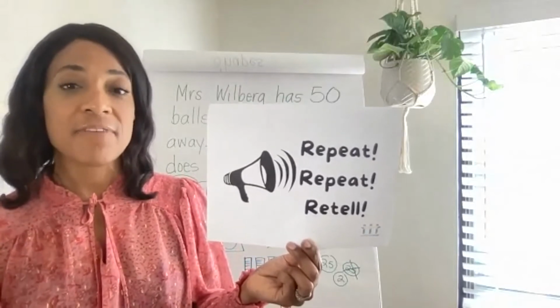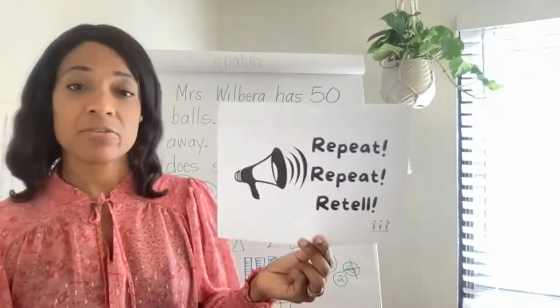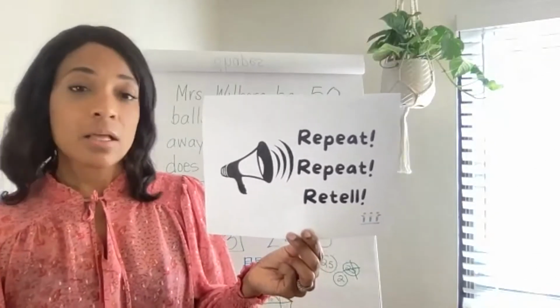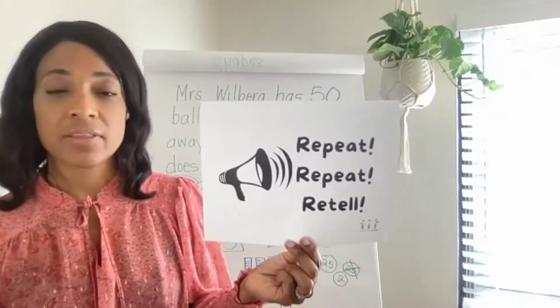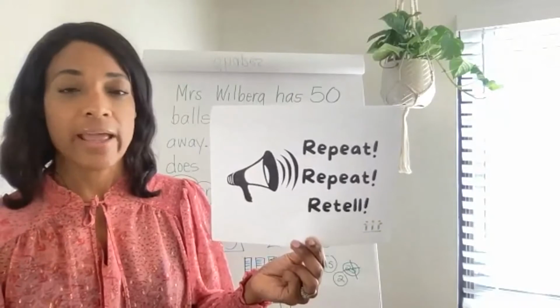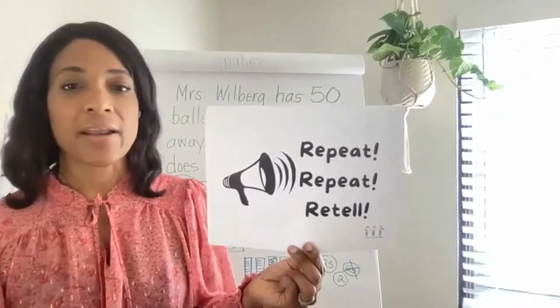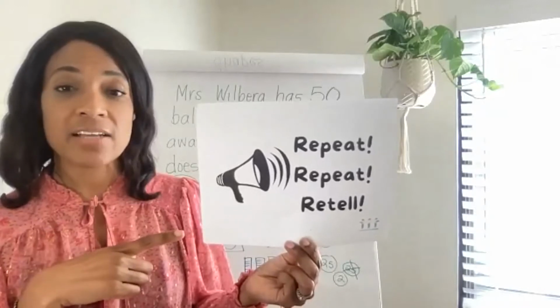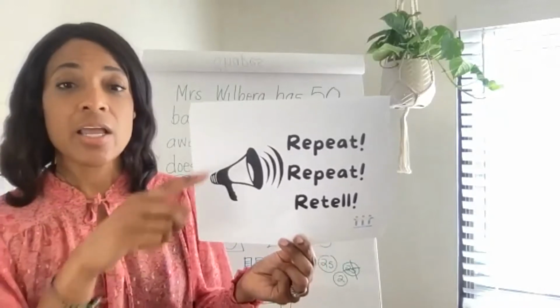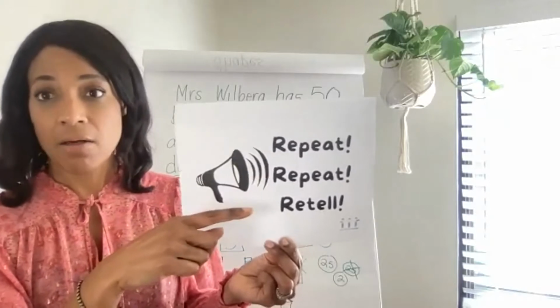So sometimes I find kids are sitting there quietly, maybe they're doodling, they look like they're paying attention, but they're not really. They're thinking about, I don't know, Legoland or what's going to happen after school that day. So one strategy that's been very effective as a beginning strategy is repeat, repeat, retell.